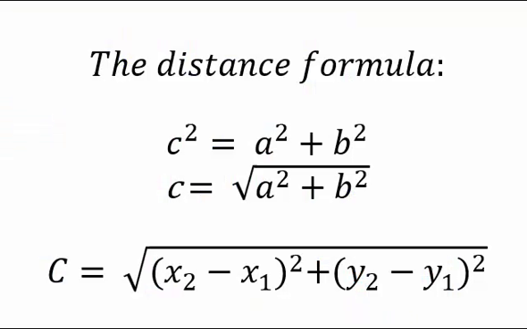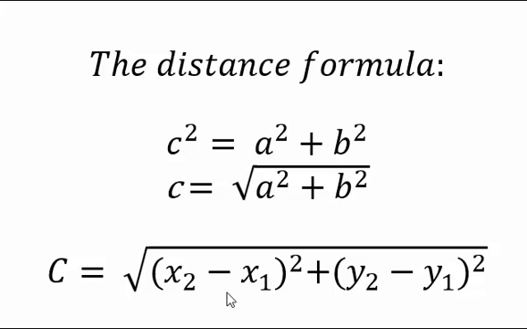So to conclude, to get the distance formula from Pythagoras, we start with a squared plus b squared equals c squared. We take the square root of both sides, and we get c, which is the distance between the 2 points, equals the square root of a squared plus b squared. In order to do that with any 2 points on a Cartesian plane, we take the x value of the first point, subtract the x value of the other point, square that.